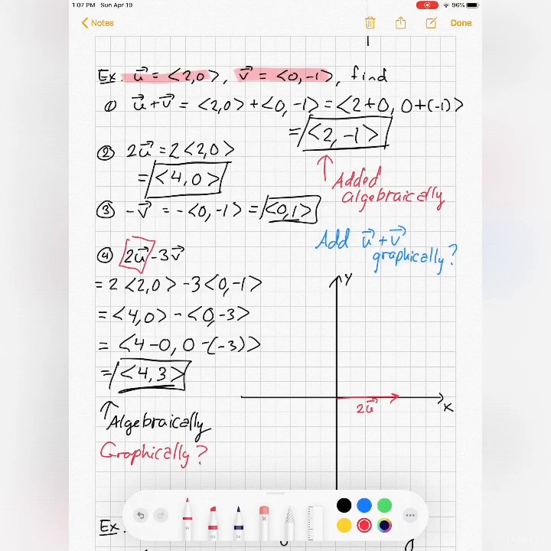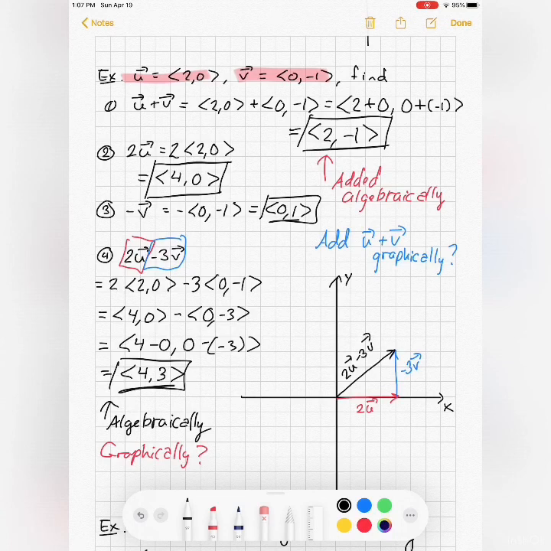From the tip of that vector, I need to attach the opposite of 3v. So 3v would say go down 3. The opposite of 3v then would say go up 3. Okay, so if I'm adding the 2u and the negative 3v now, I would just connect the initial point with the terminal point. And there's that vector.